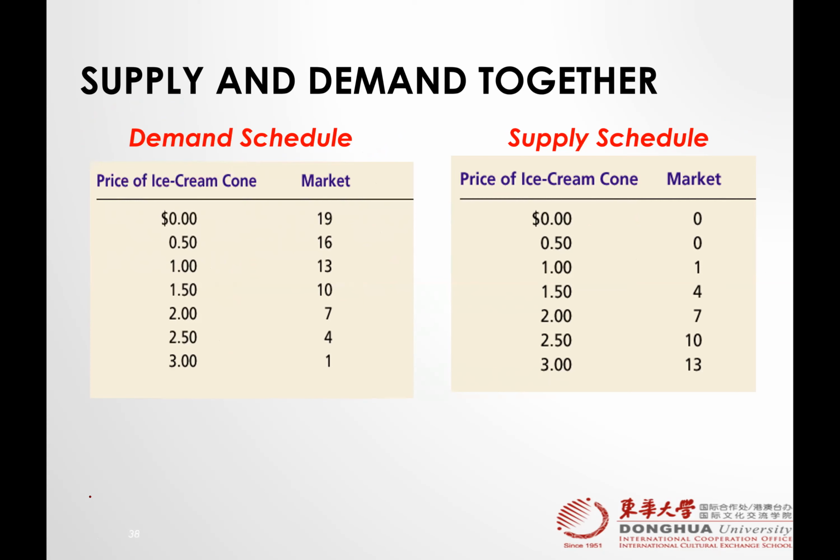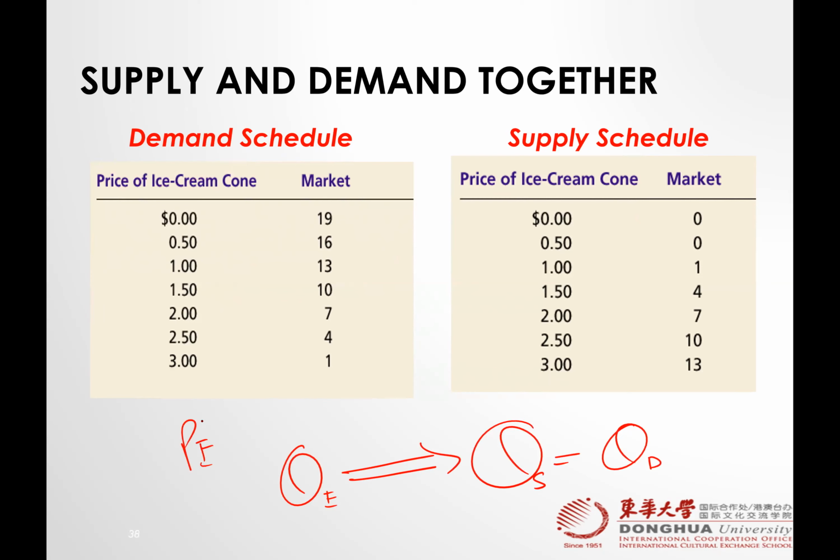So what we call the equilibrium quantity, equilibrium quantity is that quantity at which quantity supplied is equal to quantity demanded, right? And the equilibrium price is that price at which quantity supplied and quantity demanded are equal.